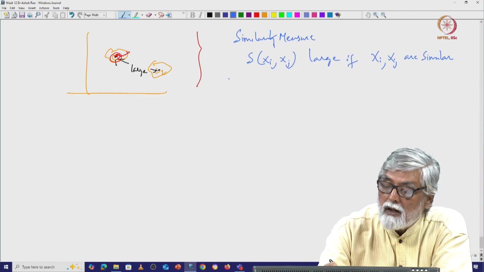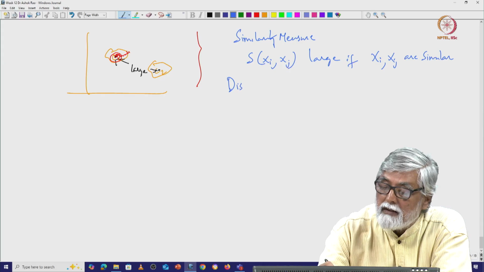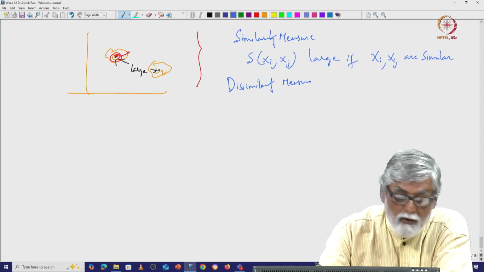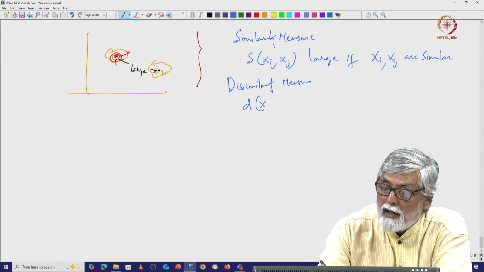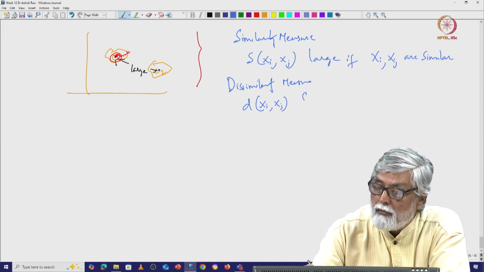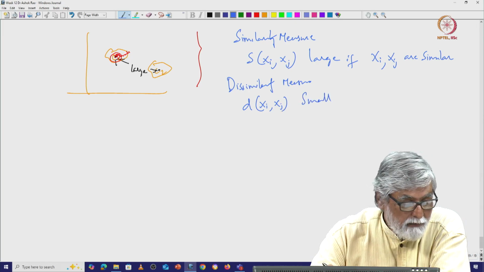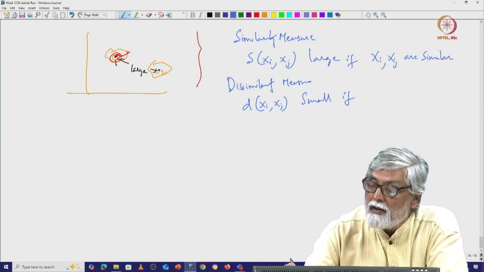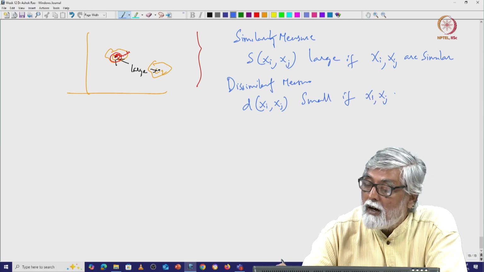We can also use a dissimilarity measure, call it D, between two data points xi, xj, is small if xi, xj are similar.